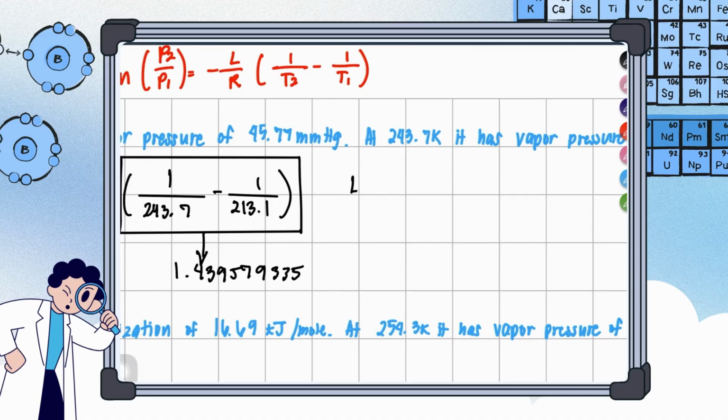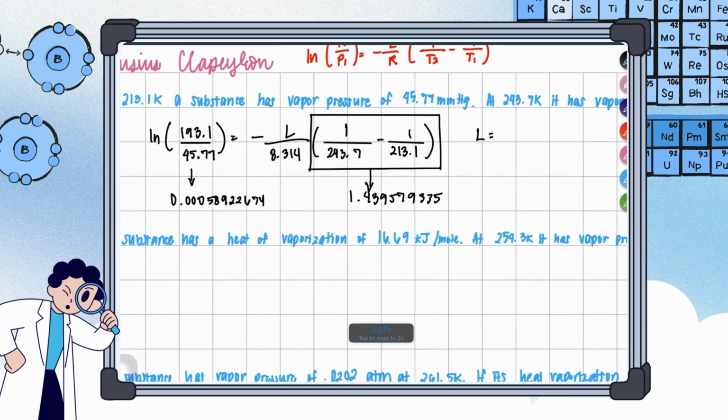So if we derive L, we can combine these two, or we can divide 1.43 and so on by 0.00058.